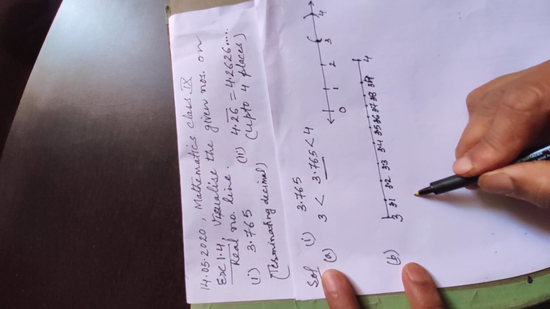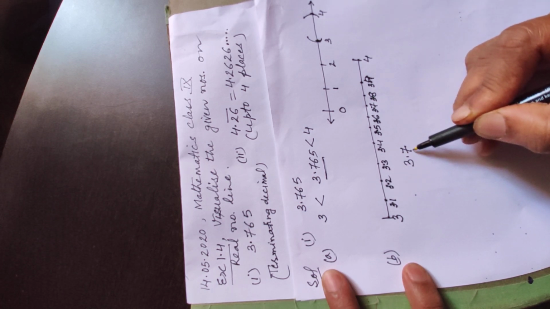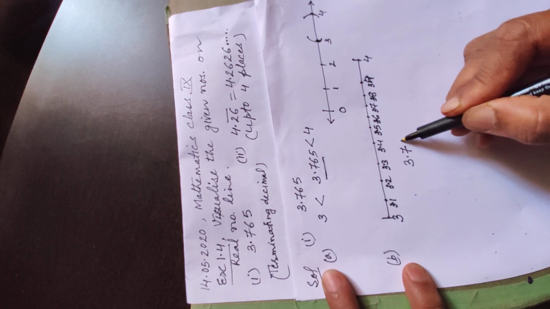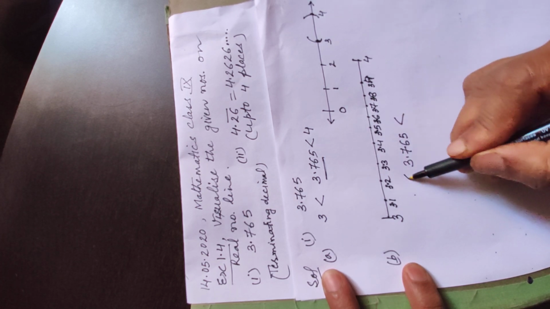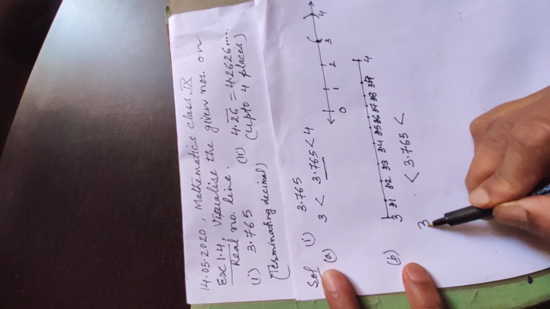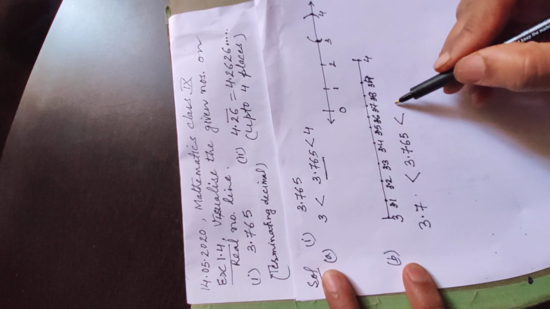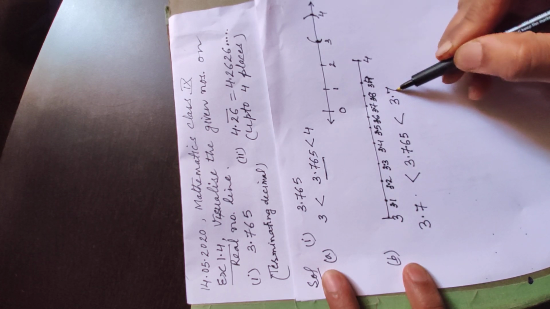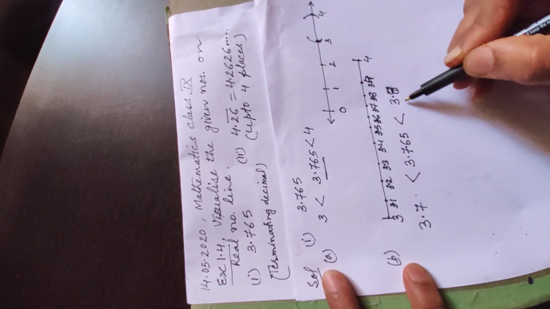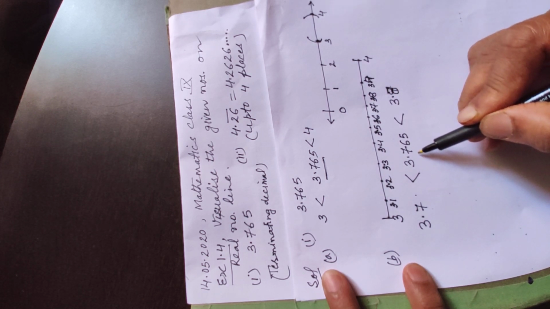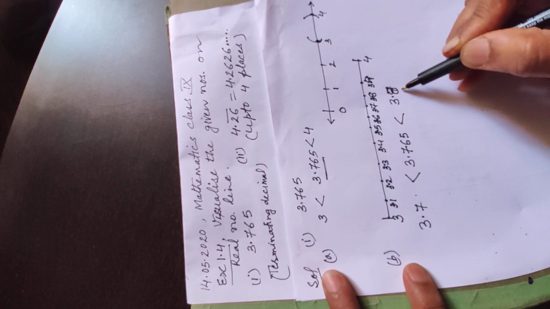So now look at your number 3.765. Read up to one place of decimal, it is 3.7, and further it reads 65, so it lies between the two numbers 3.7 and 3.8, as this number is more than 3.7 but less than 3.8.